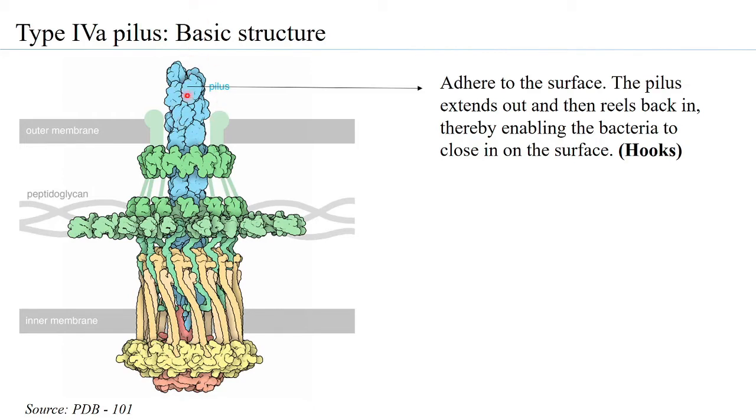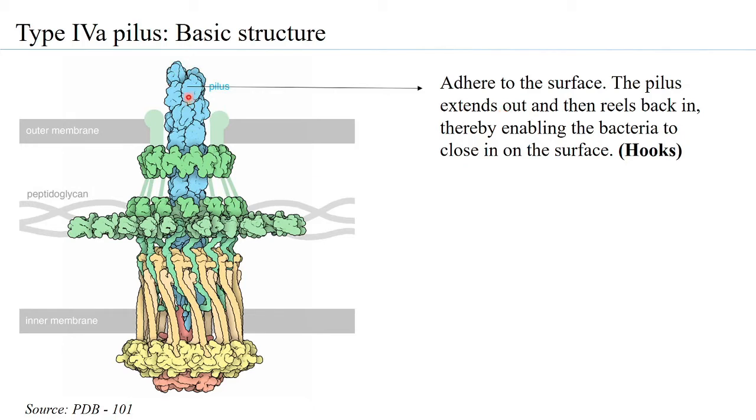So the pilus increases in its extension, with the tip having molecules responsible for adhesion. These special adhesive proteins present on the tip help the pilus attach to surfaces.